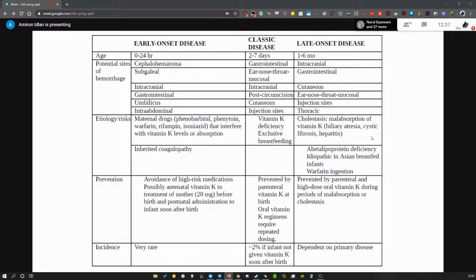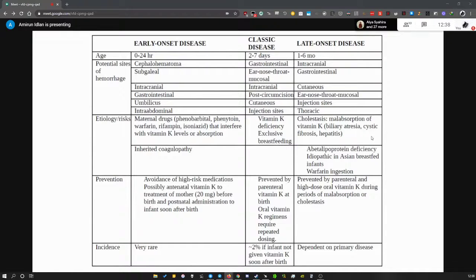Fortified means you give breast milk with extra calories to let the baby gain weight, because preterm formula has high calories, which makes the baby gain weight. But we want the immunological properties of breast milk. So they have made human milk fortifier, which comes in sachets. You mix it with the expressed breast milk, so you get the immunological properties of breast milk and at the same time high calories.